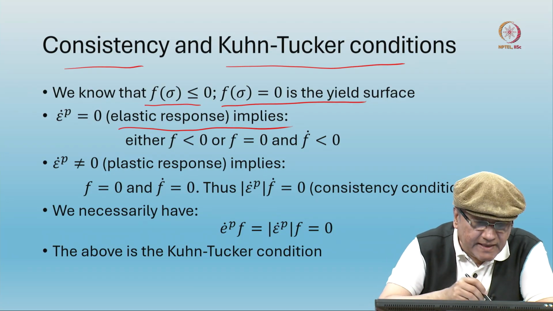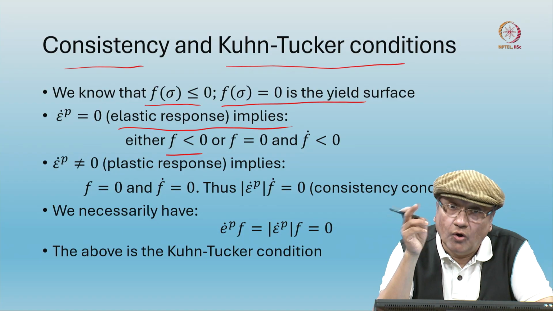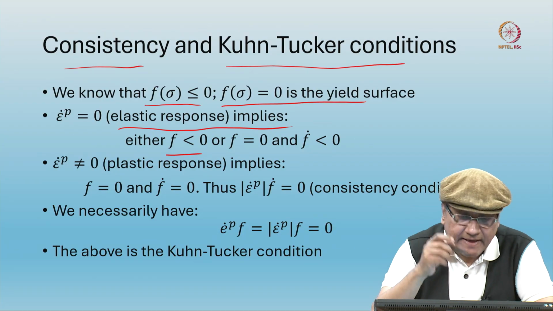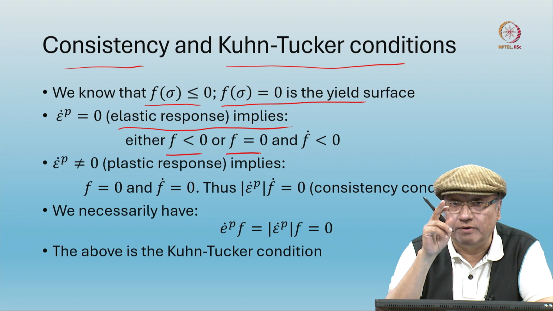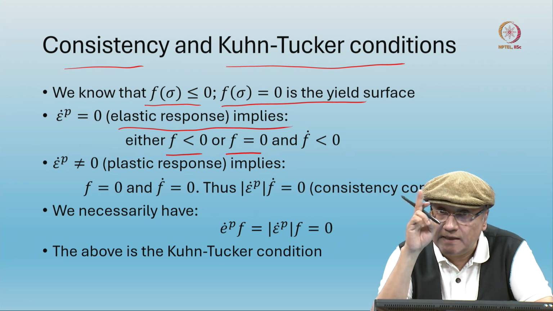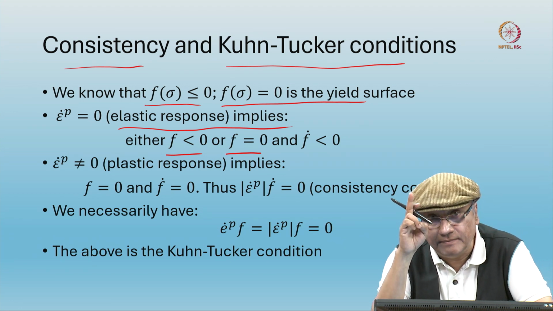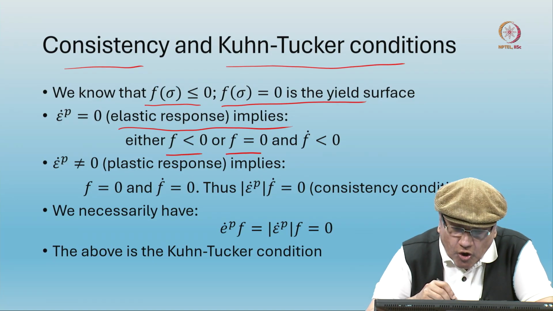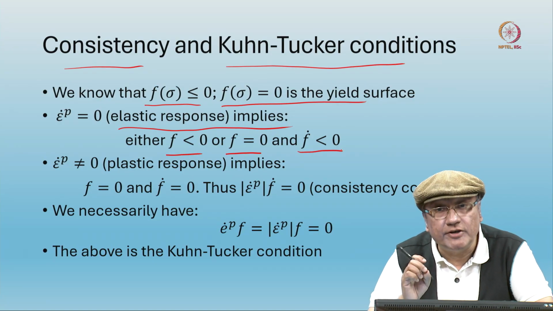Either f is strictly less than 0, or f may be equal to 0, that is, the solution is still on the yield surface at the current time, but f dot, that is the derivative of f with respect to time, is less than 0.